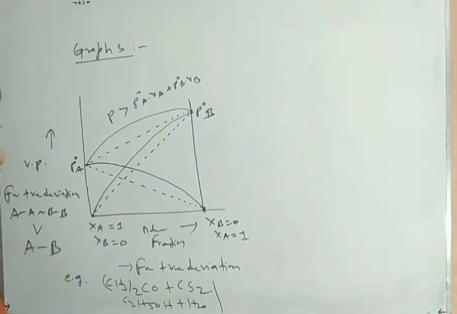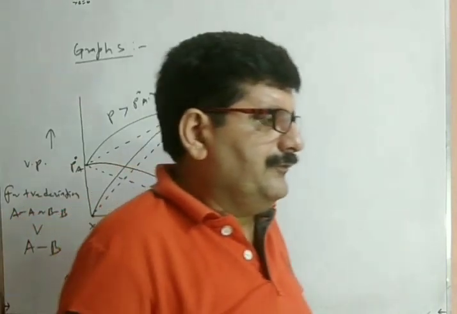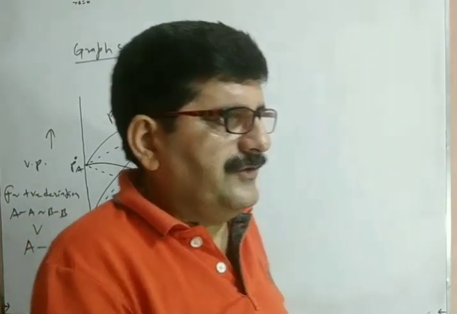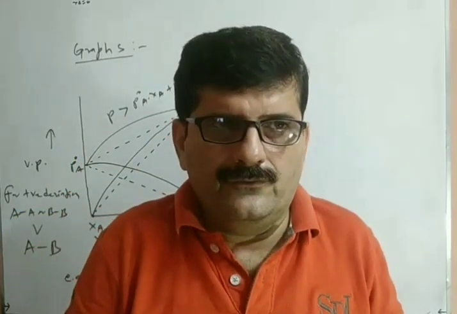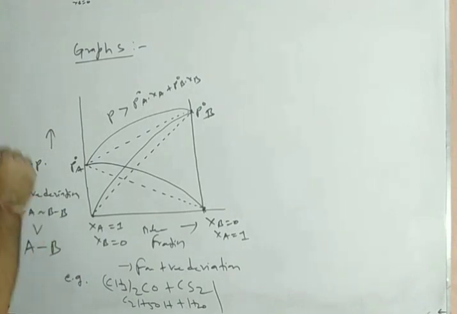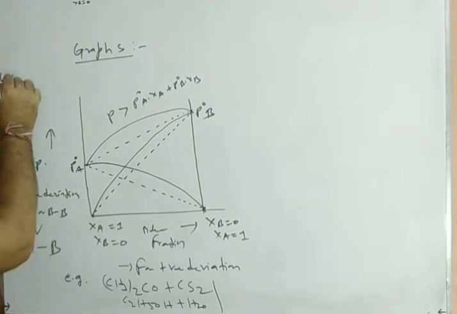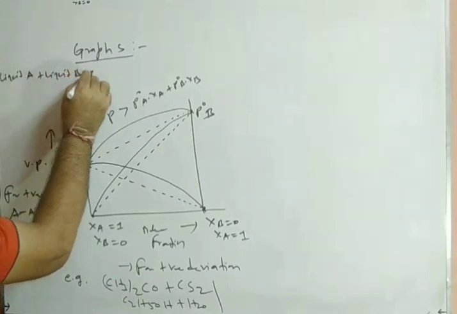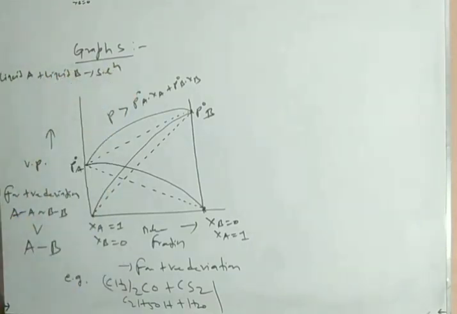If AA or BB interaction forces are greater than AB interaction forces, then the escaping tendency of vapor increases, which shows positive deviation of Raoult's law. A and B are liquid A plus liquid B mixed together to form a solution.